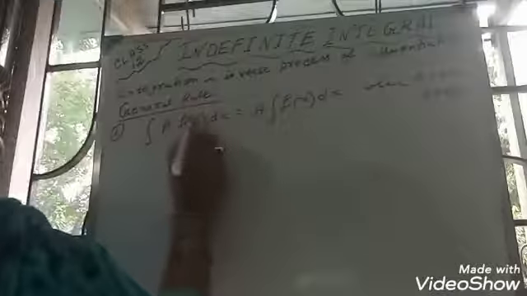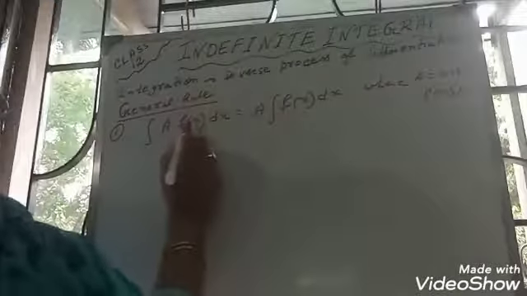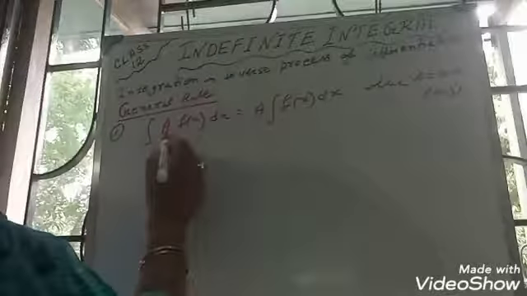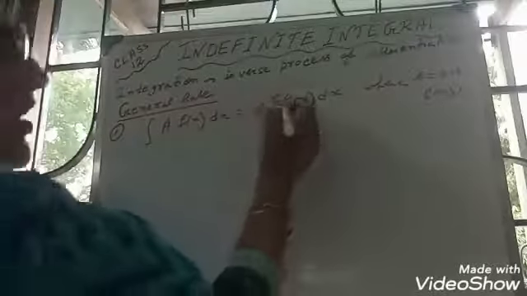That means if any constant term is multiplied to any function of x and the integration is also with respect to x, then this constant can be taken out of the integral sign. This is one rule.